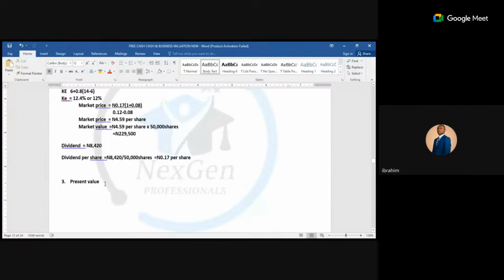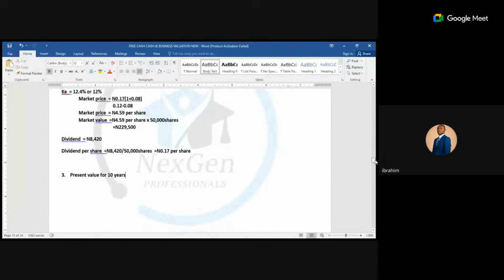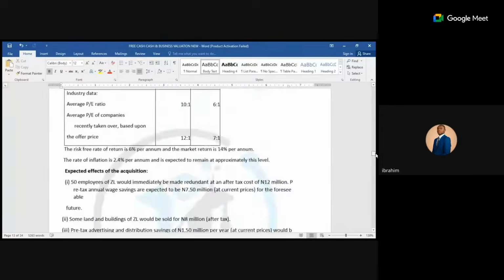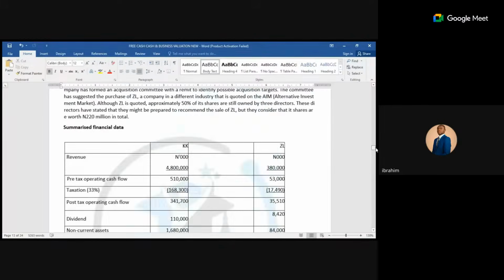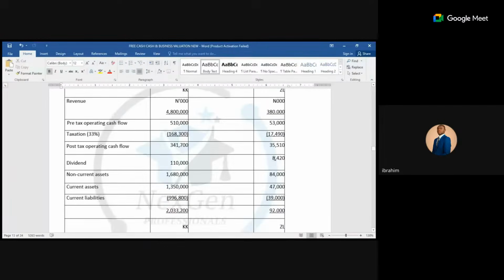The present value for 10 years. If we want to determine the present value, and we are talking about cash flow, this is where we will start from: the post-tax or net operating cash flow of ZL.